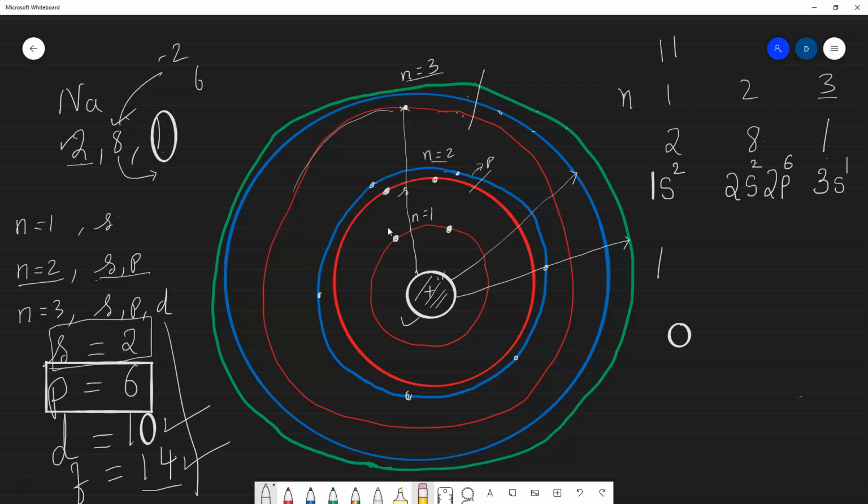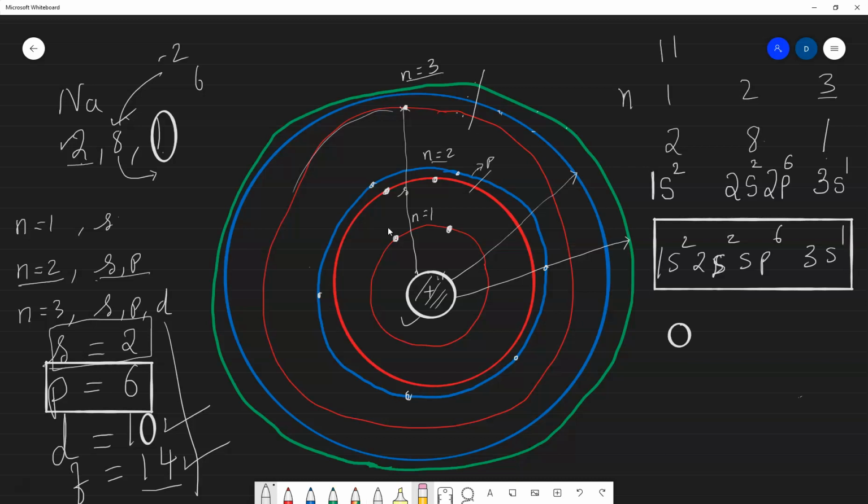That's all. So it is 1s2 2s2 2p6 and 3s1. Now this is what you have to learn in your A level.